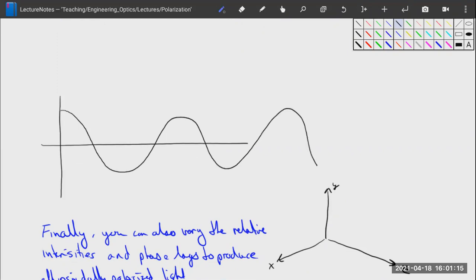I'll try to do a sine wave. That's not the best. And then we're going to do an Ey, and we're going to put it out of sync by pi over 2, right? So when this is at its maximum, this is going to have 0. It's going to come up where this is 0, then have its maximum, and come down.